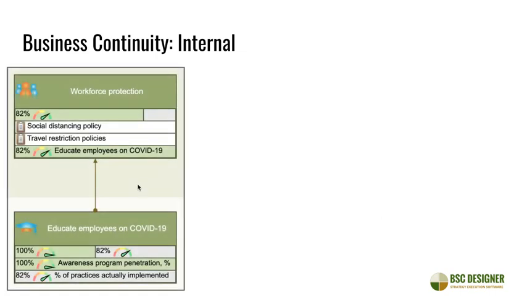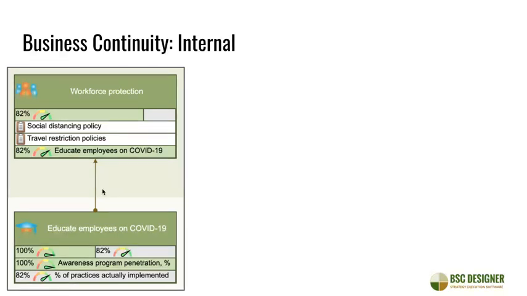Here, the goal from the learning and infrastructure perspective is linked to this goal from the internal perspective, workforce protection, because that makes sense. What we do in the learning infrastructure perspective, educating employees on COVID-19, is to ensure workforce protection. Yeah, so that's what we see by linking these two goals.